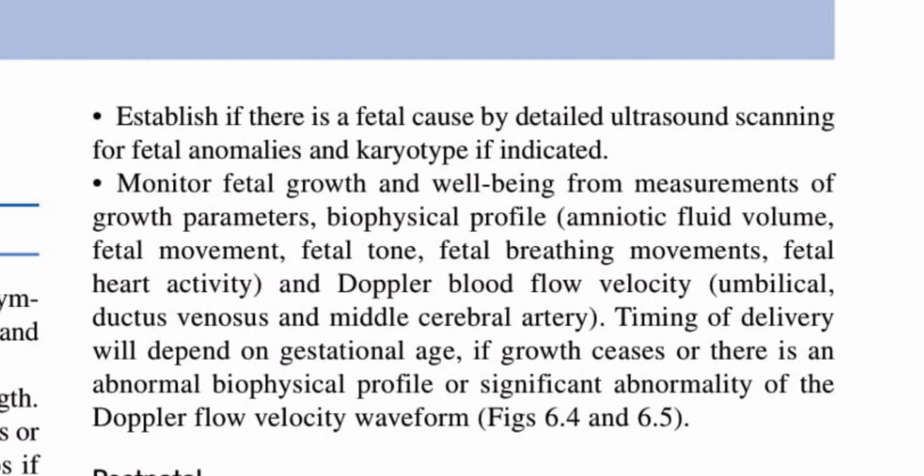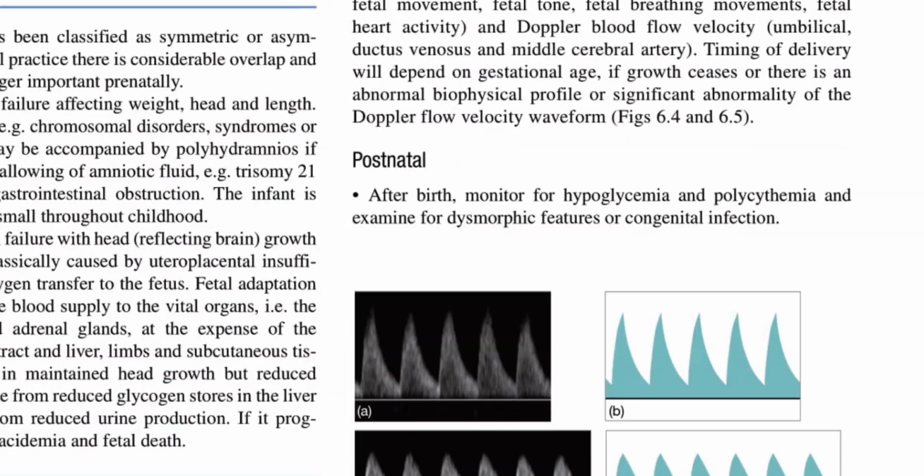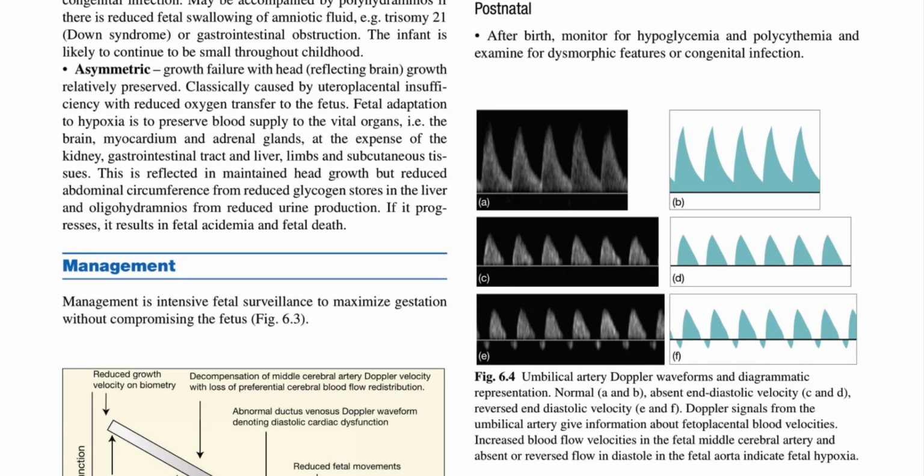Timing of delivery will depend on gestational age, if growth ceases or there is an abnormal biophysical profile, or significant abnormality of the Doppler flow velocity waveform, Figure 6.4 and 6.5. Postnatal. After birth, monitor for hypoglycemia and polycythemia and examine for dysmorphic features or congenital infection.